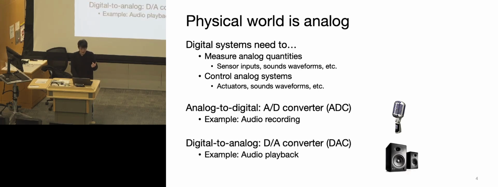We have what we call the ADC, the analog to digital converter, and the DAC, the digital to analog converter. On the top, the analog to digital converter, you can think of it like an audio recording. For example, this microphone I'm using right now takes the analog input of my voice, does some sampling, and converts it into a digital format.